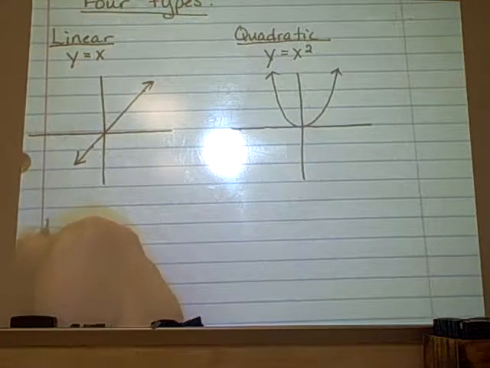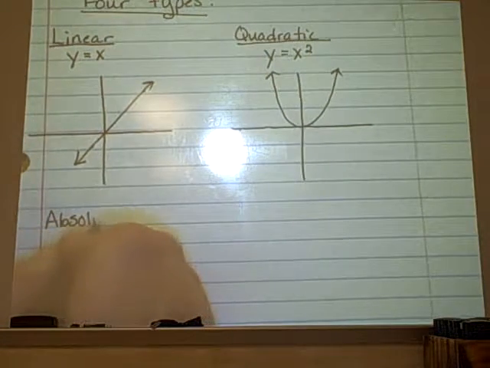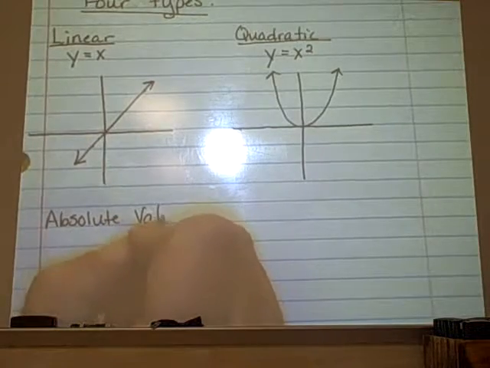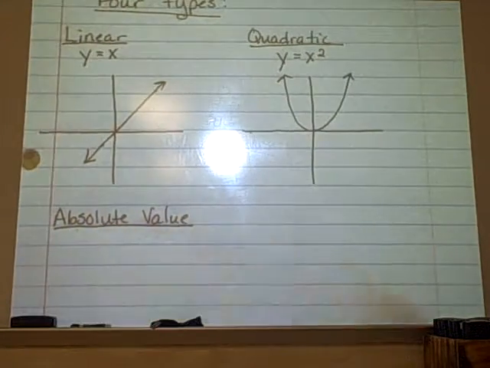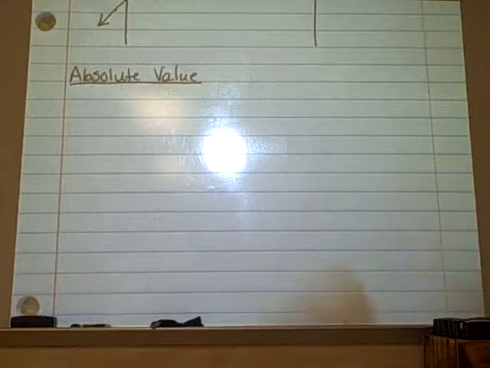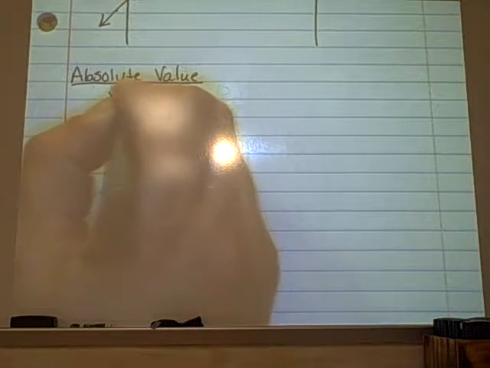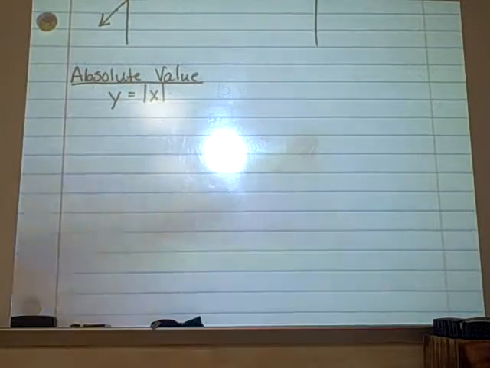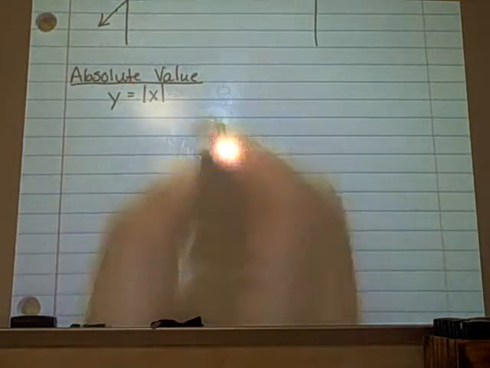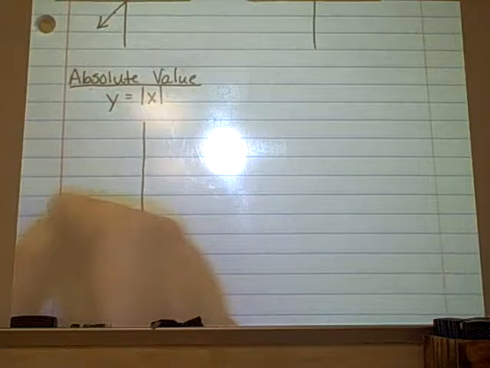Okay, the other 2 that you need to recognize but we aren't going to use at all this year are the absolute value graph. For an absolute value graph, the equation is y equals the absolute value of x. And here's what the graph looks like.